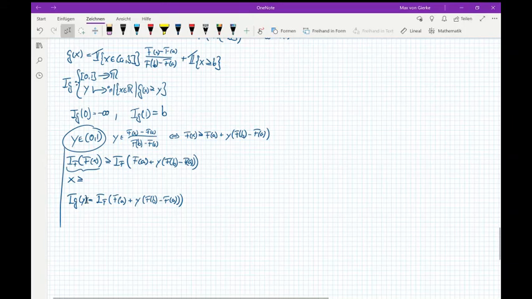So it's the same algorithm, but just this function. And this is it for the exercise.